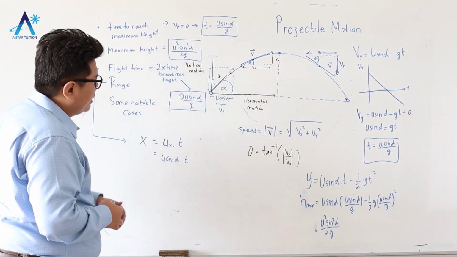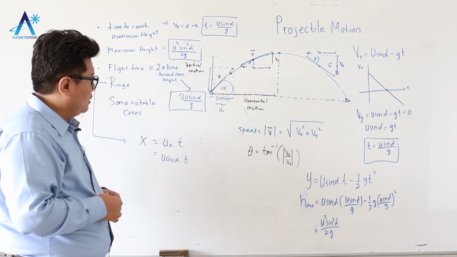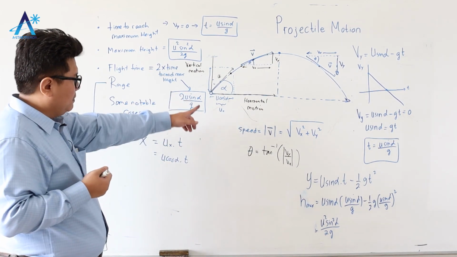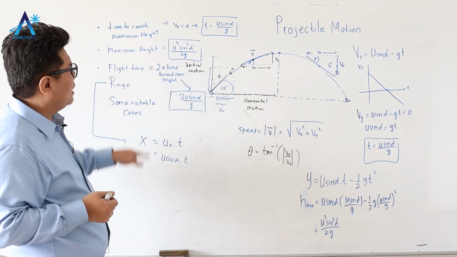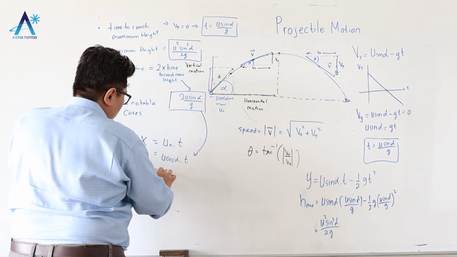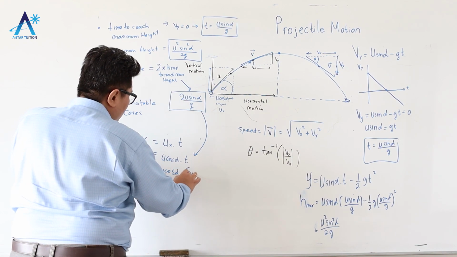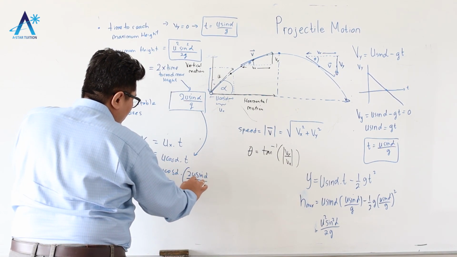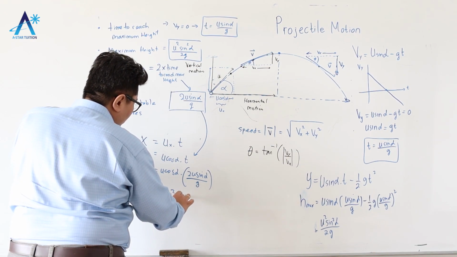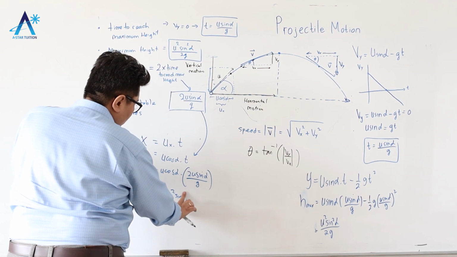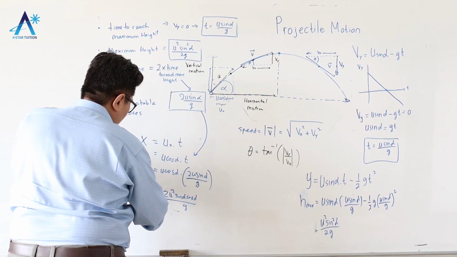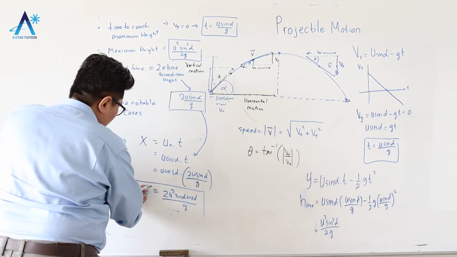Now this t is in general a variable, so it can be arbitrary. But in the case of finding the range, as I discussed before, it's just equal to the flight time. So substitute the flight time here: u cos alpha times 2 sine alpha over g, and it's going to give you 2u square sine alpha cos alpha over g. So that's the range.